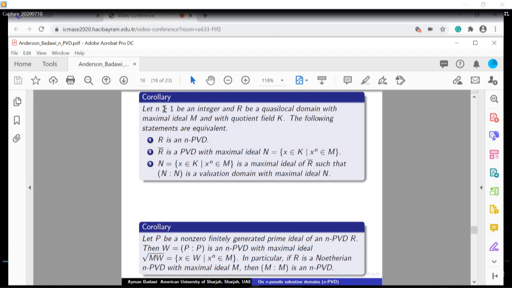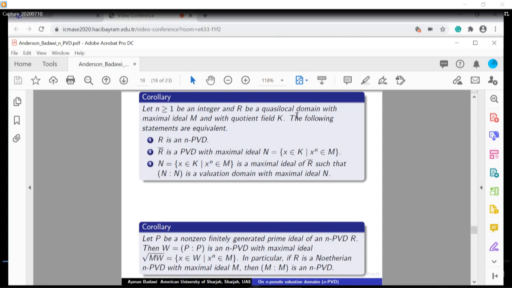You fix an n, and we know that in order to look at the n pseudo valuation domain, it has to have only one maximal ideal. That's what we mean by a quasi-local domain. Quasi-local domain means the domain has only one maximal ideal. Others call it a local domain.